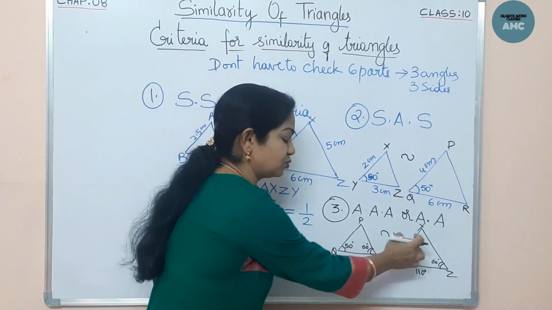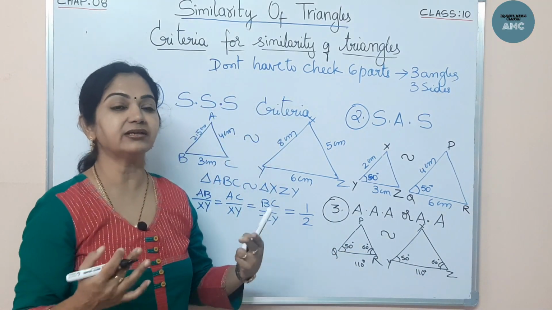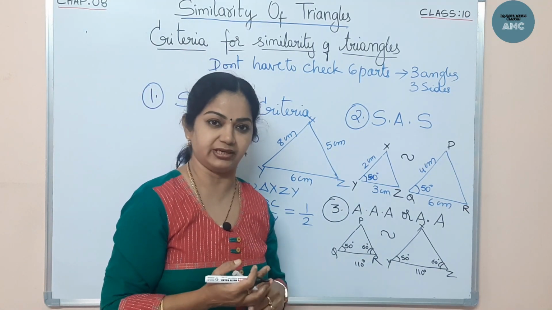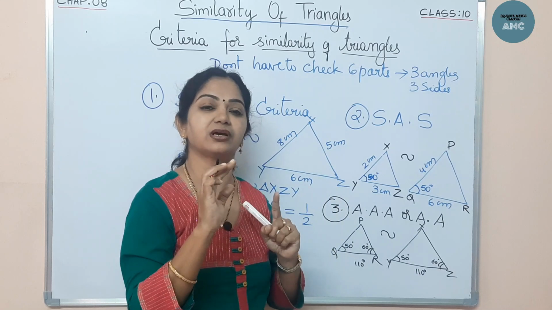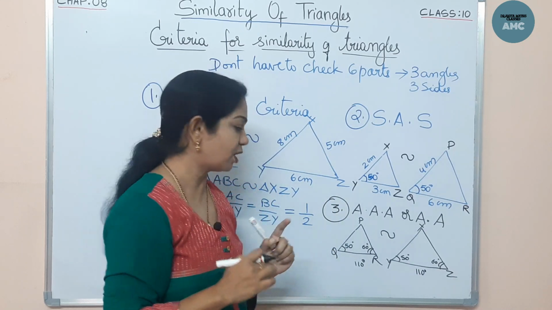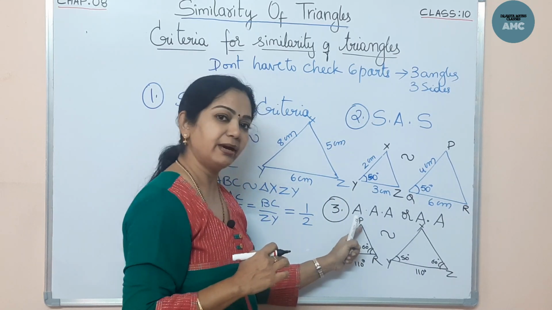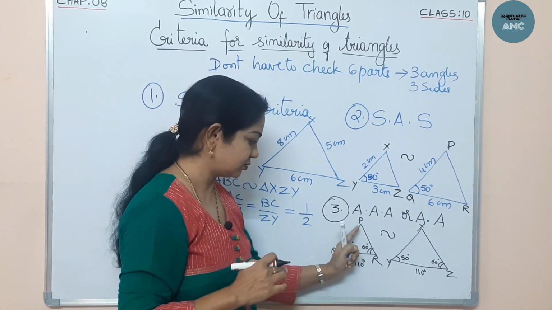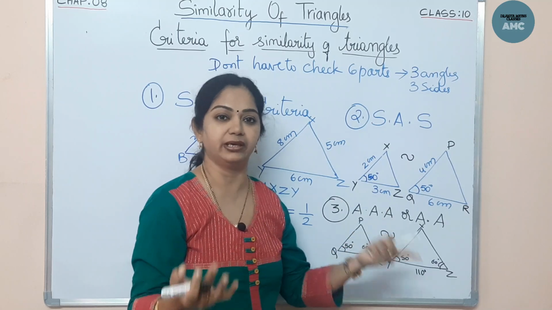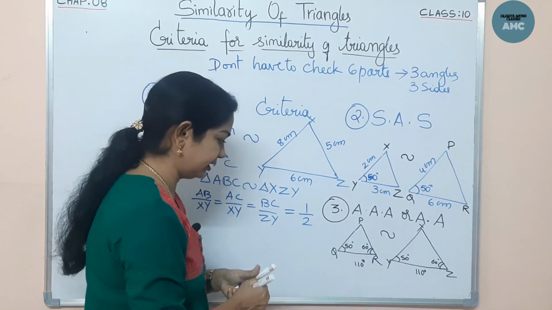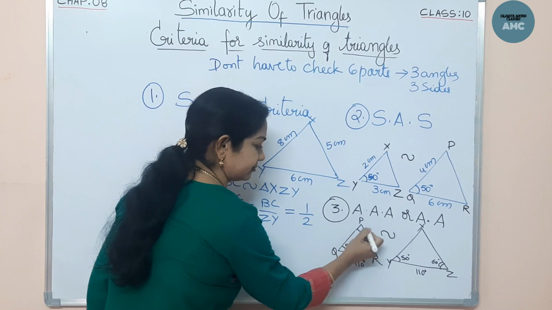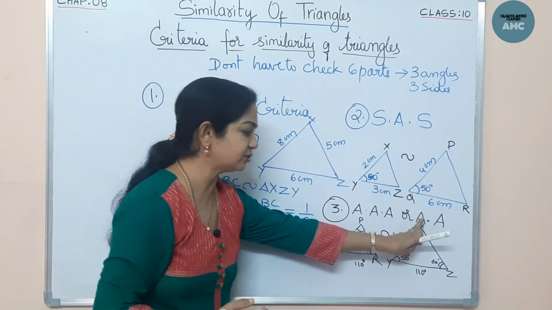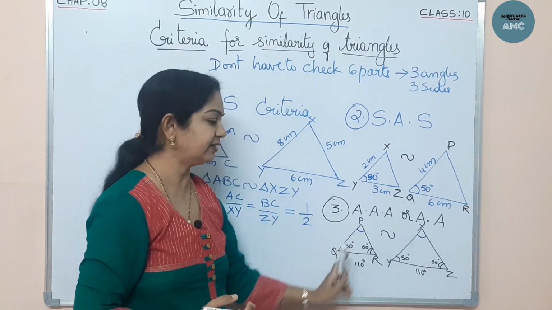Then we can say that these two are similar. Why will the third angle be equal? Because of the property of triangles, that the sum of all three angles in a triangle is 180. So how do I get this angle? By subtracting the sum of the other two angles from 180. So this will anyhow be equal. Here in this case it is 70, and 70. So if you check only the two-angle criteria, then they are equal.